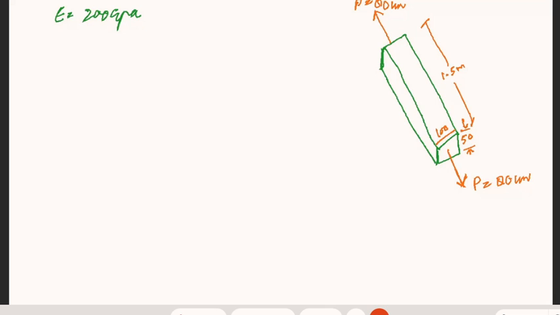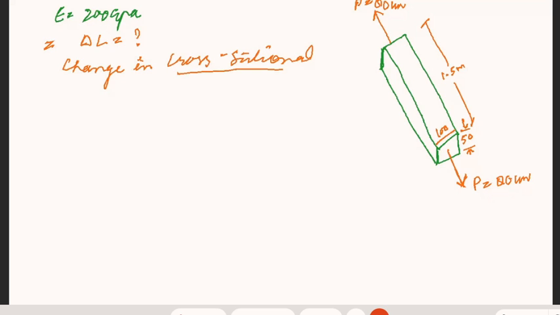Now, what I need from it is that I want to know the change in its length, and I want to know the change in cross section after we have applied loads, and we know the material behaves elastically.